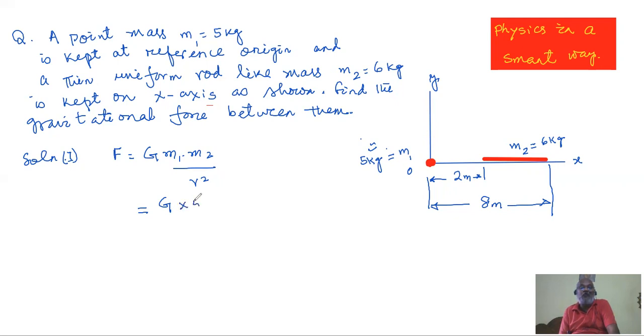Into M1, which is given as 5 kg, into M2, which is given as 6 kg, divided by R square. The difficulty with us is R. That is, what is the best or correct distance which must be selected, the separation between them. We may be inclined to take M2 as a point mass, and because it's a point mass, the point mass is to be located at the center of mass of M2.